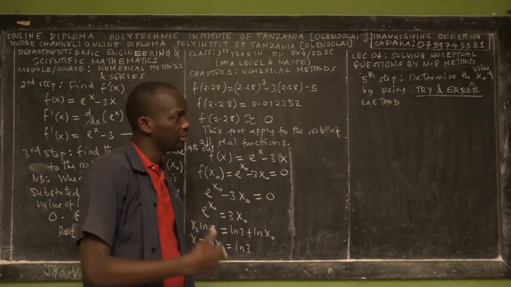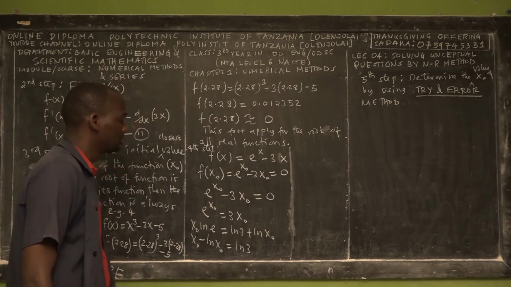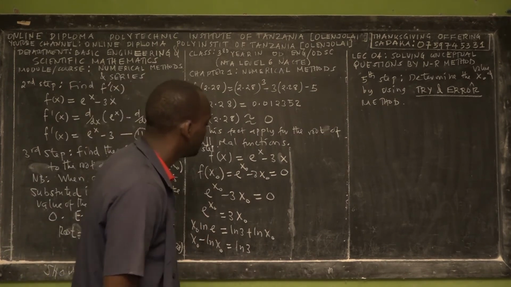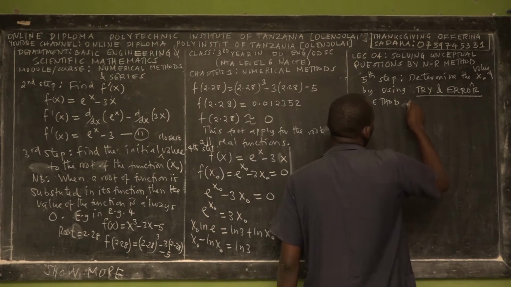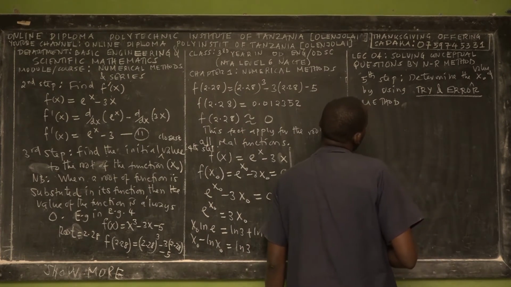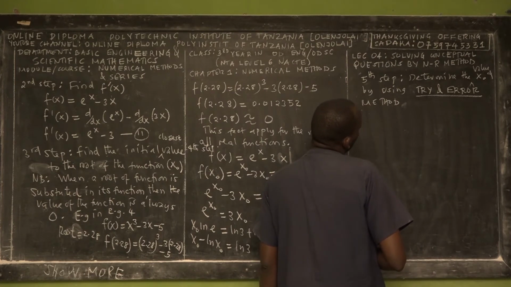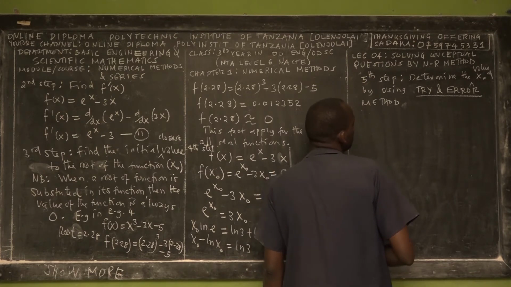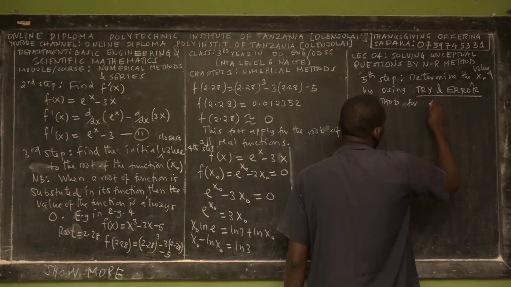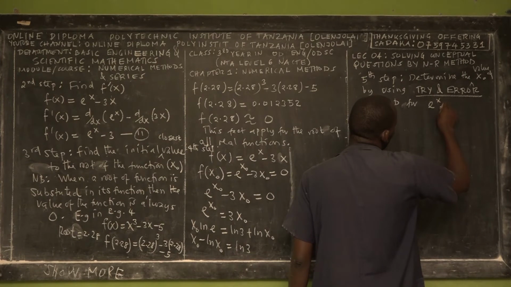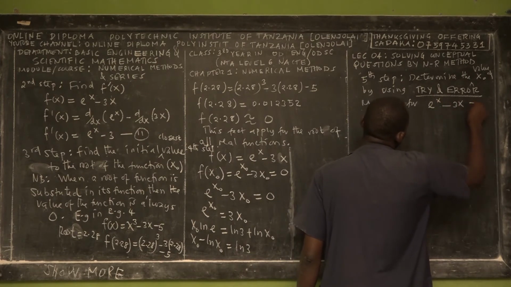We'll be trying different values of x naught, which will satisfy, okay? So to find it, determine the value of x naught by using what? Try and error method for the given function e power x minus 3x is equal to 0.